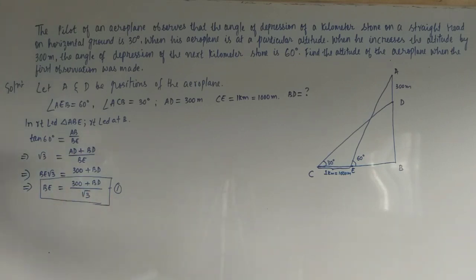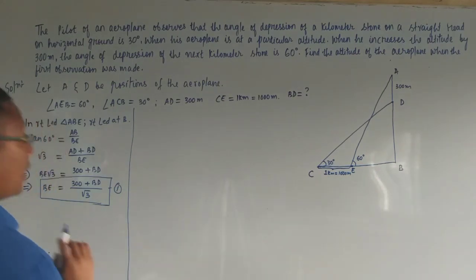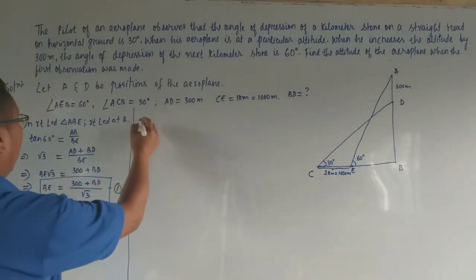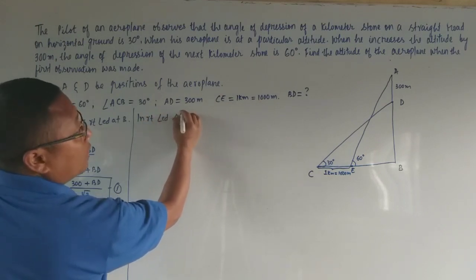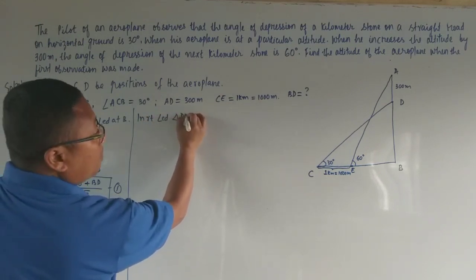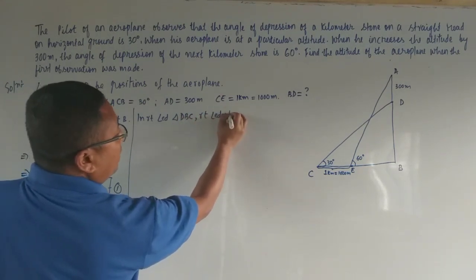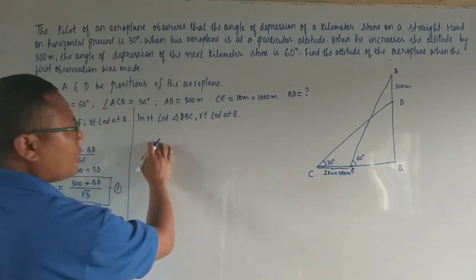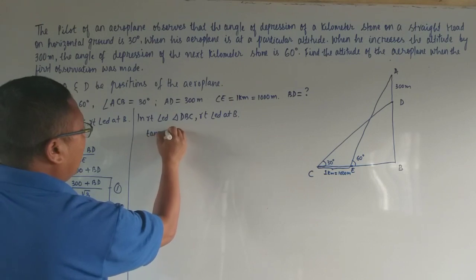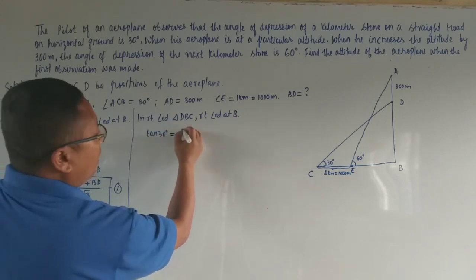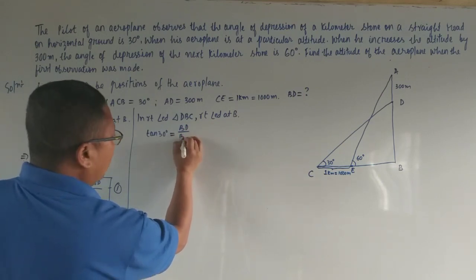So we have the first equation. Then now let's take the other right angle triangle. In right angle triangle DBC, right angled at B, tan 30 degree equal to BD by BC.